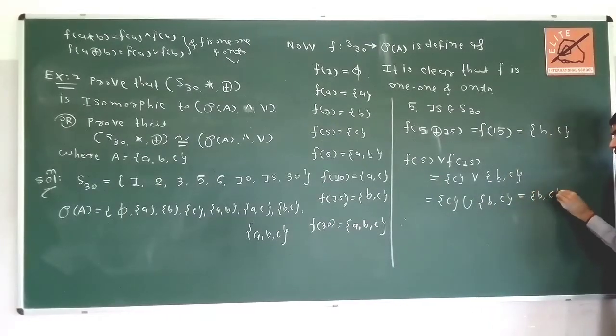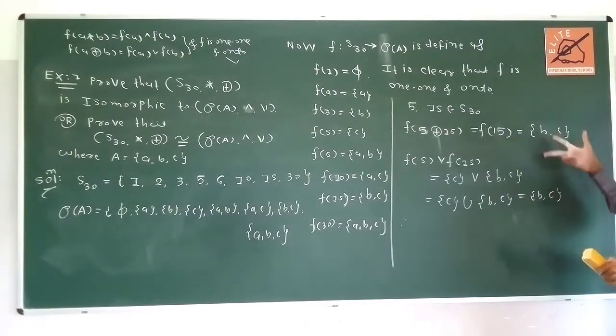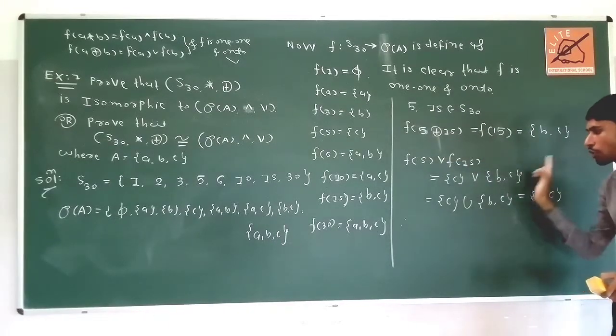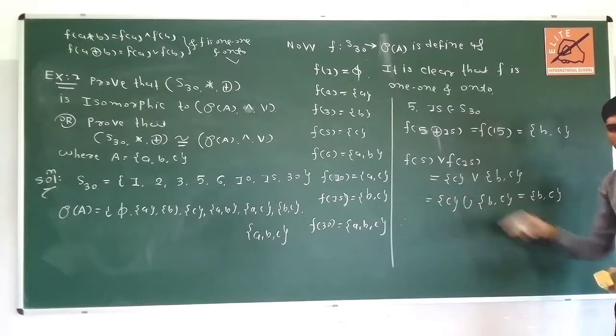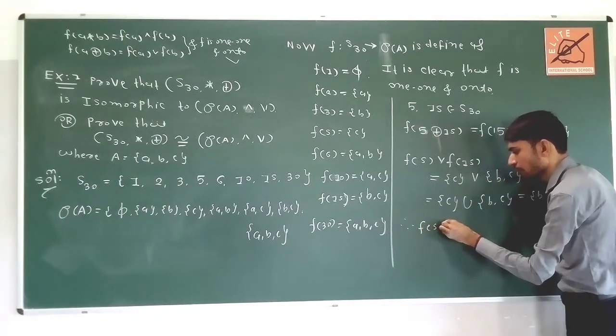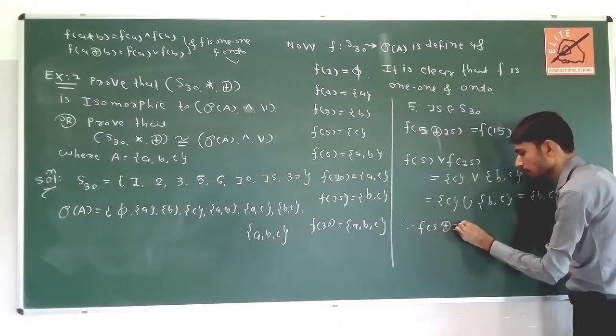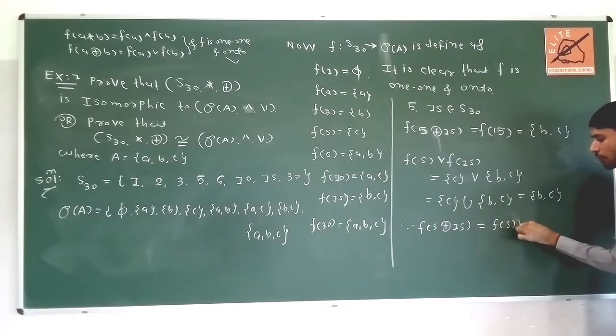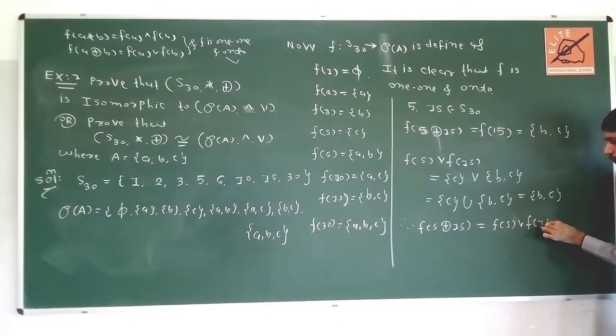Union is nothing but the set BC. So observe the answer. f of 5 ring sum 15 is equal to set BC is equal to f of 5 join f of 15. So here we write as f of 5 ring sum 15 is equal to f of 5 join f of 15.